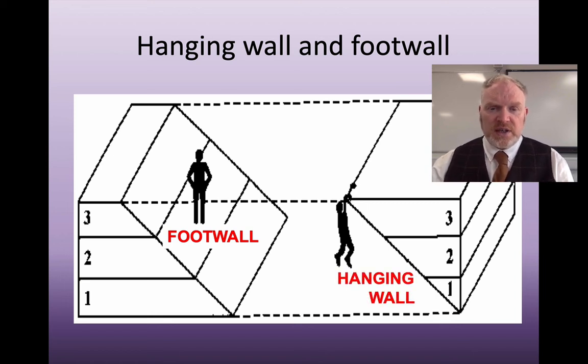What I'd like you to do is annotate this diagram to suggest how we can remember this. What ways can we use to tell these two parts of a fault apart? Once we can do that, we can then start to recognise the different types of fault.